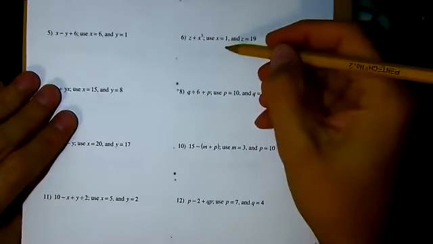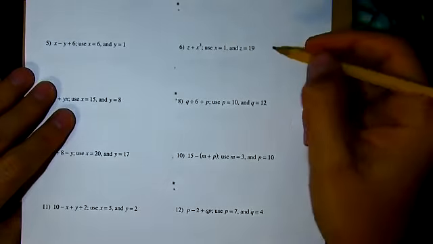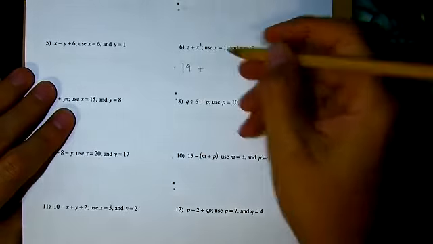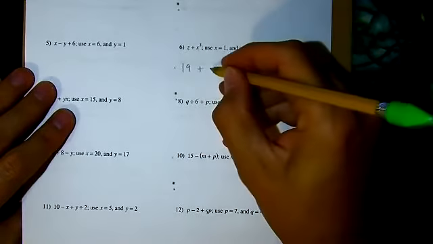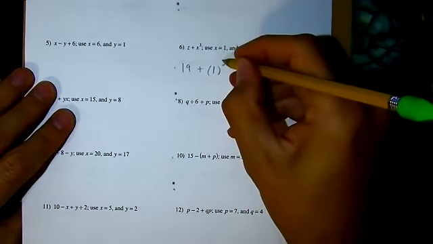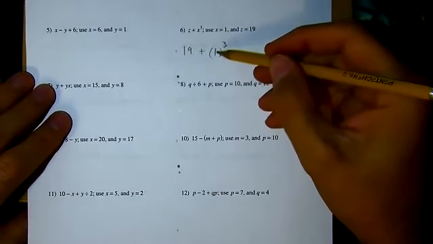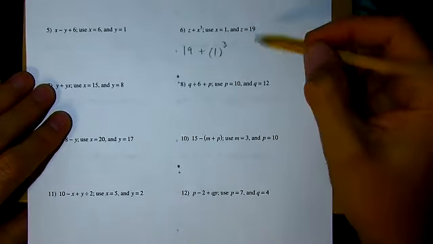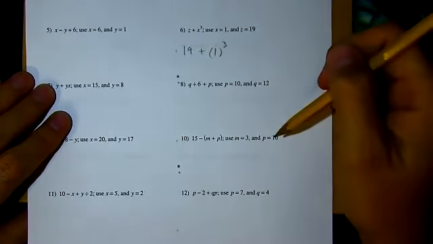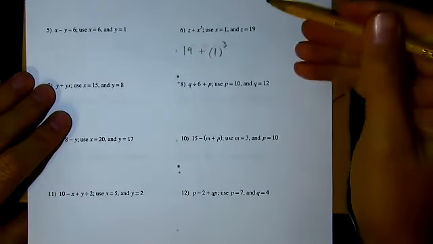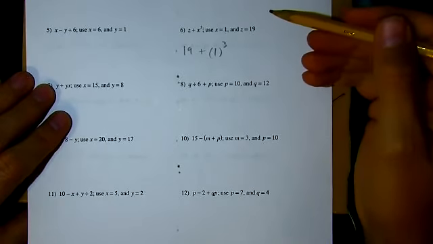Let's just do this one for fun. Z is 19. You don't really need parentheses. Plus x, which is 1 cubed. Now, in case you don't know it, anytime you have a 1 raised to an exponent that's a whole number, positive whole number, your answer is just going to be 1, because you're basically saying 1 times 1 times 1 is 1.